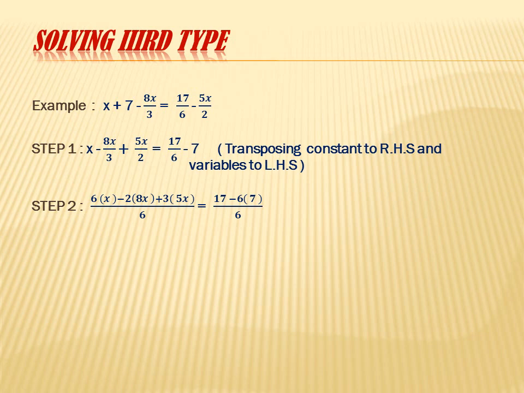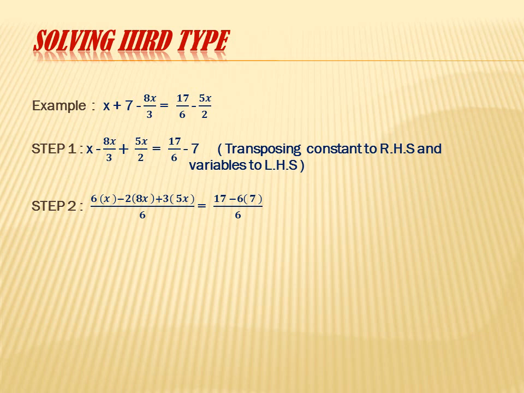Next we have to divide this denominator by the second term in the denominator, and that is 3. When 6 is divided by 3, it will give you 2, and this 2 will be multiplied with the numerator, and that is 8x. Similarly, this 6 will be divided by this 2 and it will give you 3.